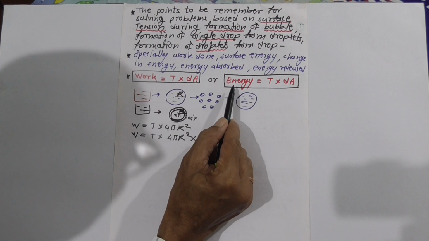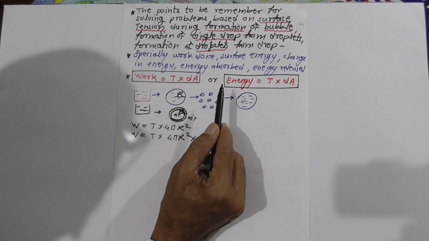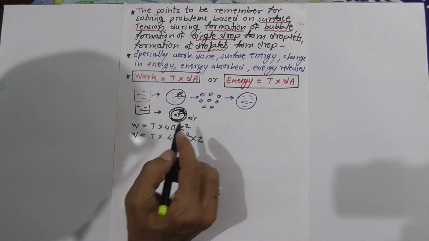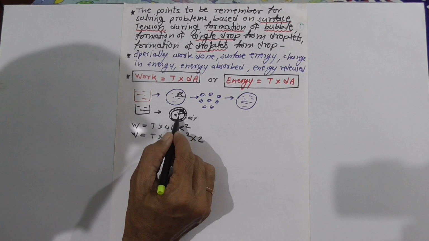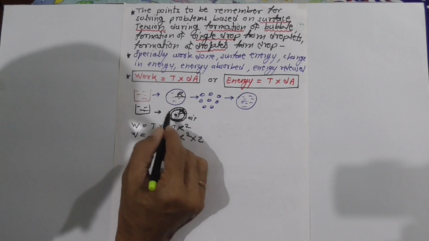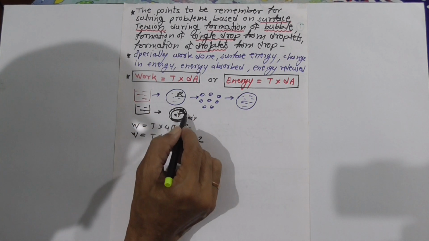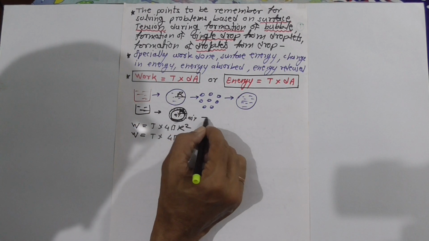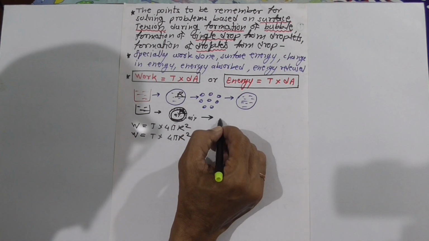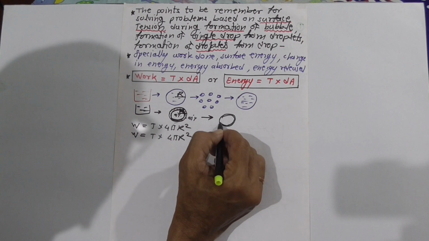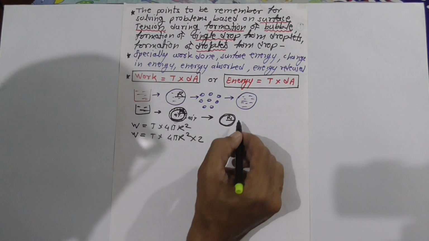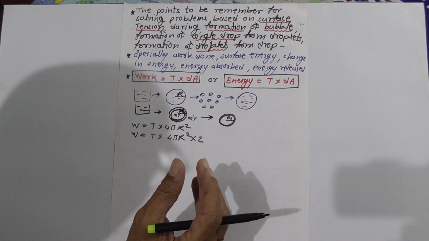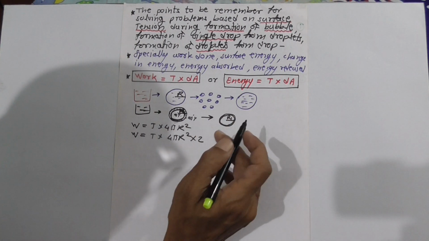This is surface energy. Now come to this point. Whenever you are thinking about the increase of surface area of either a single drop or a bubble, it can be done in this fashion. There is a soap bubble with a small surface area of initial radius R1, and then it expands by inserting some air inside it.